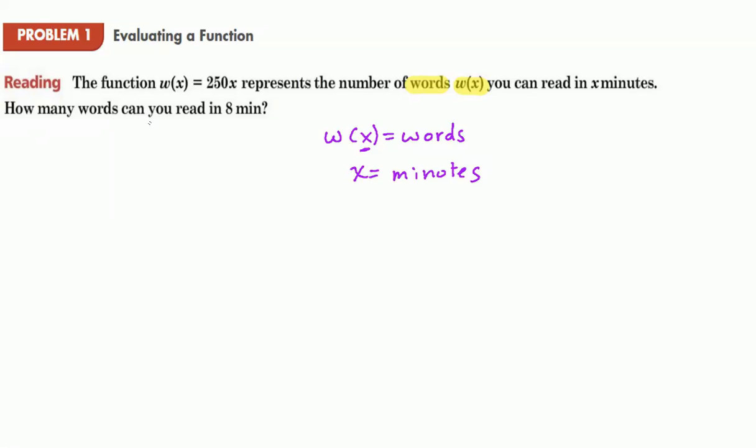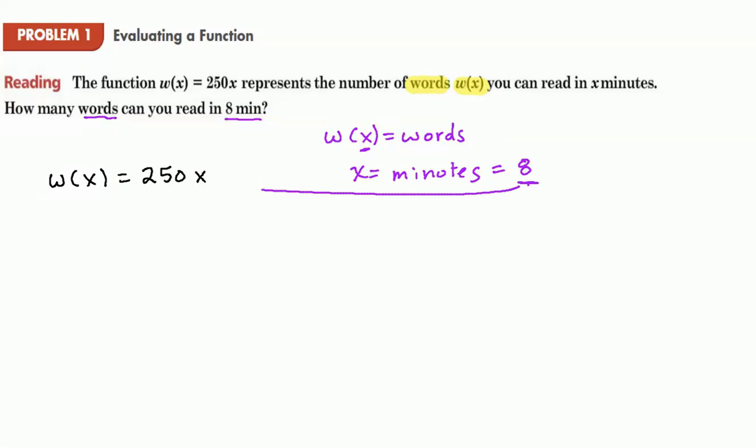Now, how many words can you read in 8 minutes? Since minutes is x, they're telling us that x is 8. So now, all we need to do is plug in 8 for x. So w of x equals 250 times x. Now we're going to replace the value of 8 into the x.